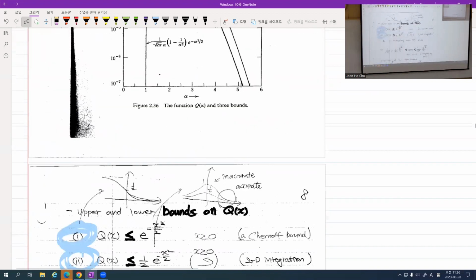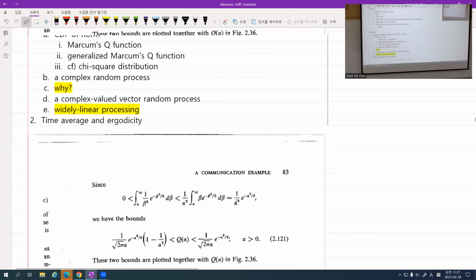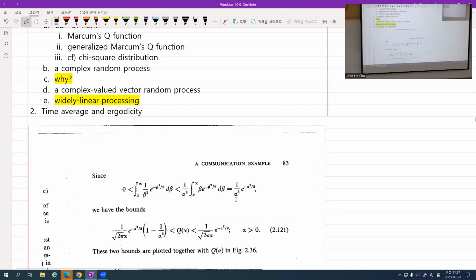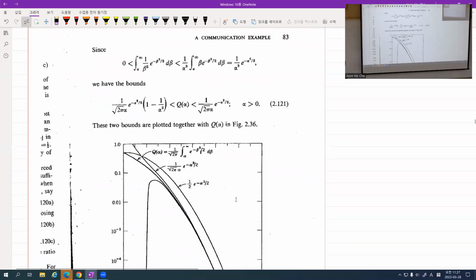So of course, people try to find upper and lower bounds on the Q function, because as I told you, Q function does not have a closed form, which means that it is very hard to integrate some function including the Q function. So if in the integrand you have the Q function, then it's very hard.